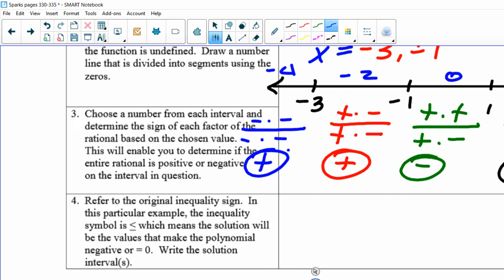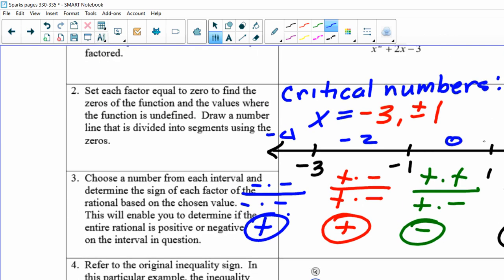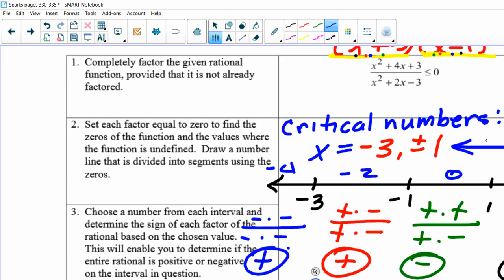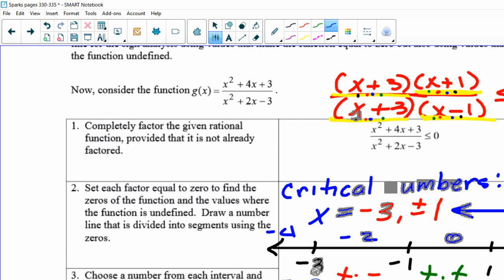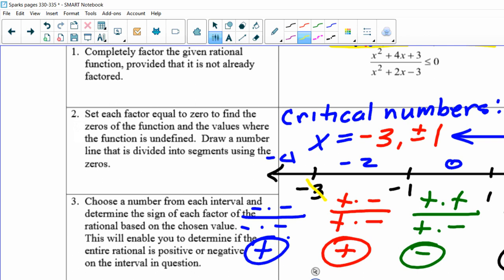Now, let's talk about the critical numbers. What does each of those critical numbers do? If x is negative 3, it's undefined, so is undefined less than or equal to 0? Because you know that x equal negative 3 is undefined, we know negative 3 is not going to be an answer.